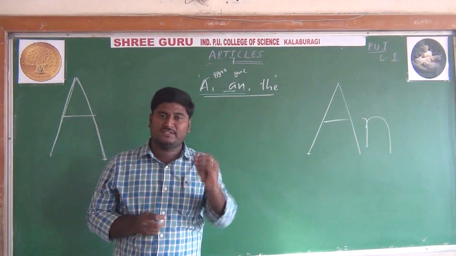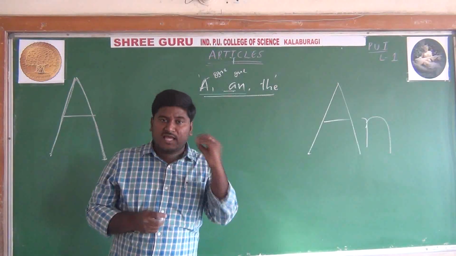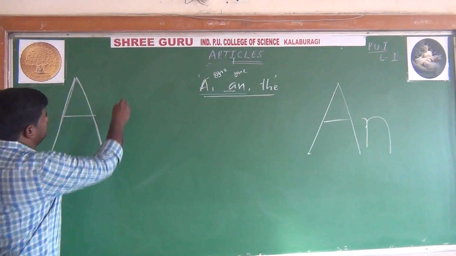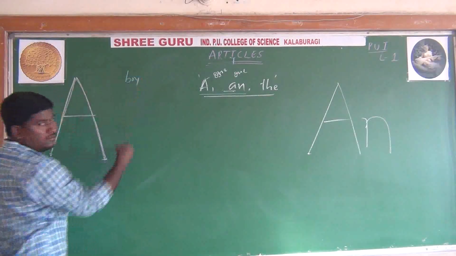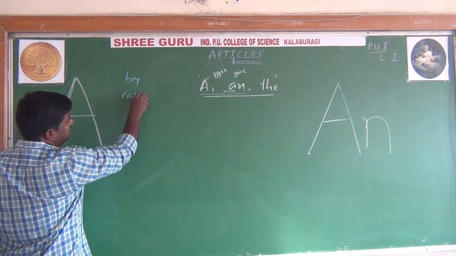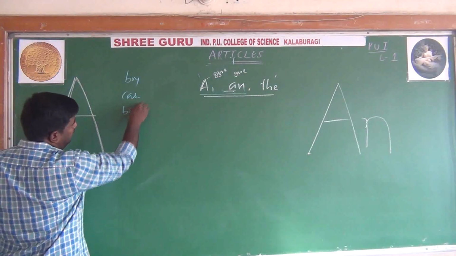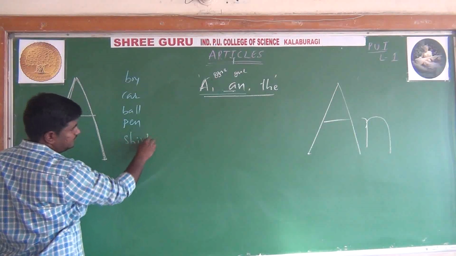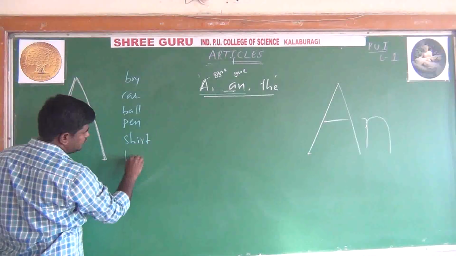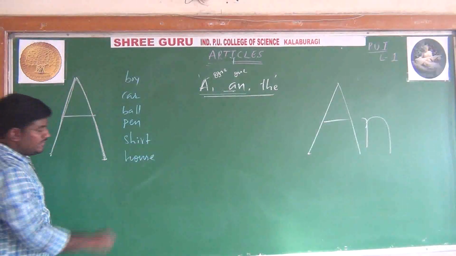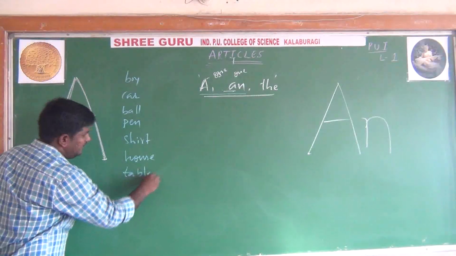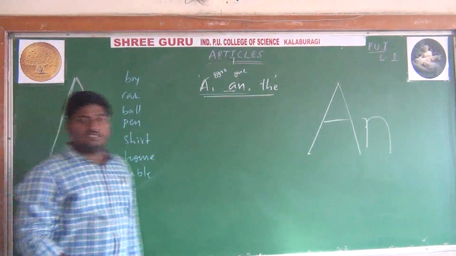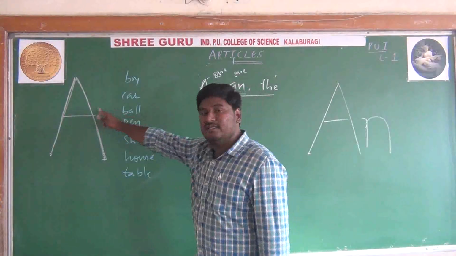If the word has a consonant sound, then we should use a. For example, a boy, a car, a ball, a pen, a shirt, a house, a table.